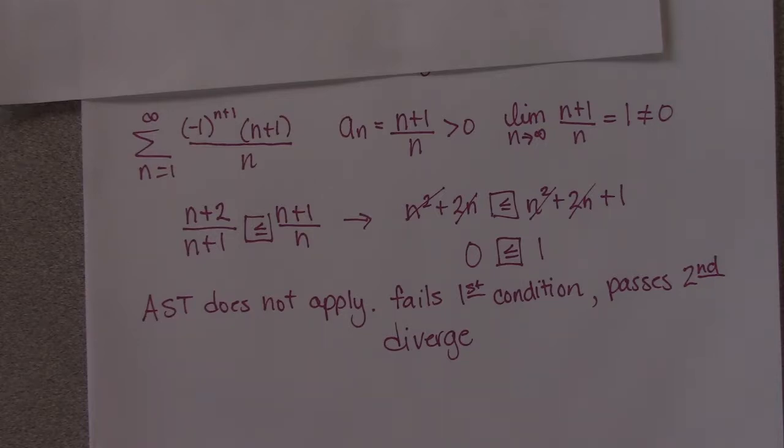Yeah, okay, so the question was, if it passes the alternating series test, it converges, but if it fails, does it diverge? So if it passes 100%, it converges, okay? If it fails, you kind of have to look at why it's failing to figure out if it diverges. If the limit of the a sub n term is not 0, it's going to diverge, right? Just for exactly what I said.